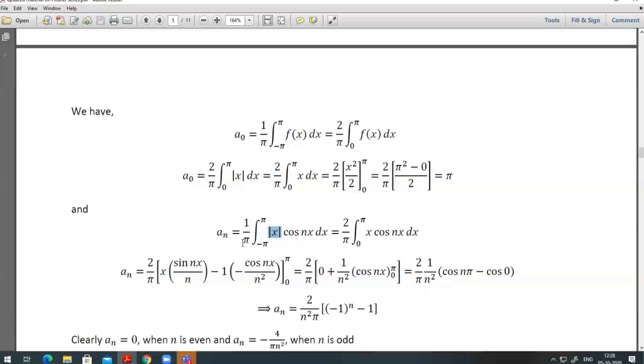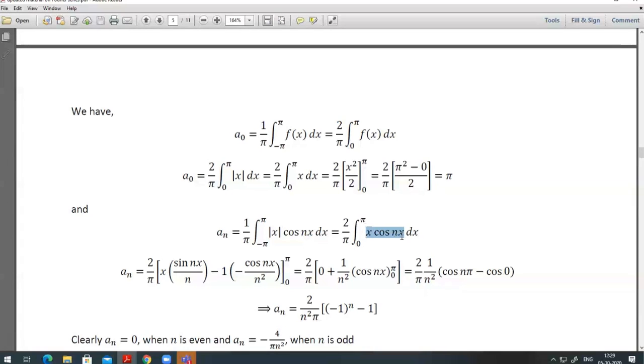The 2 by 2 pi cancel, we get 1 by pi here. So that becomes 2. Again, since mod x is an even function and cos is an even function, the whole product is again an even function. I can write it as 2 by pi integral 0 to pi. In the interval 0 to pi, mod x becomes positive x, so x cos nx.